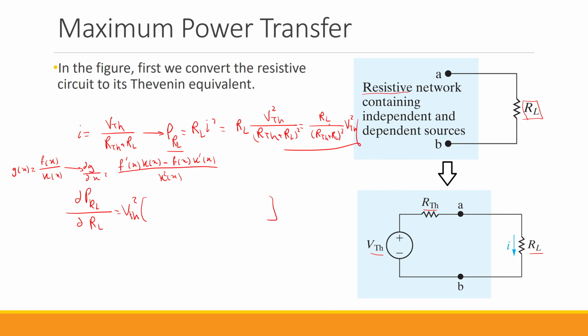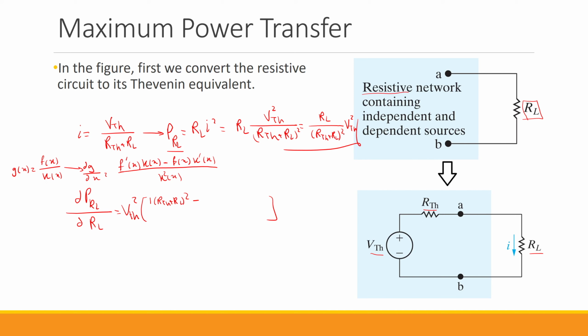So we basically do the same thing here. We take the derivative of the numerator, we multiply it by the denominator, minus the derivative of the denominator multiplied by the numerator divided by the denominator squared. So we have the derivative of RL with respect to RL is 1. So we have 1 multiplied by RTH plus RL squared minus, what is the derivative of the denominator?